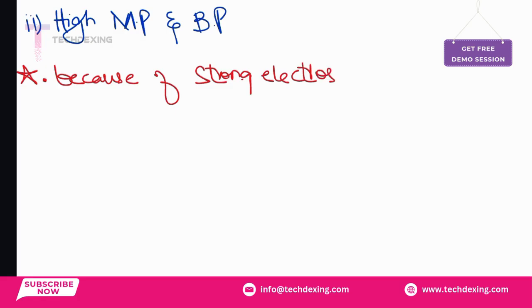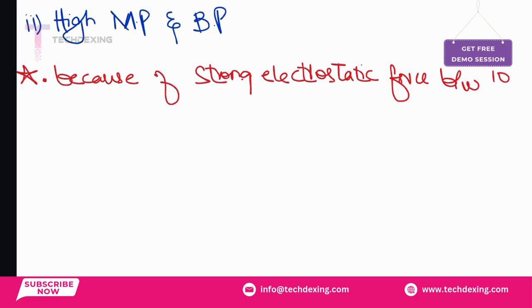We have discussed that the ionic bond is an electrostatic force of attraction between the oppositely charged ions, and these electrostatic forces of attraction, or the interaction, are very strong. Because of strong electrostatic force between the ions, it is very difficult to separate the ions from each other.